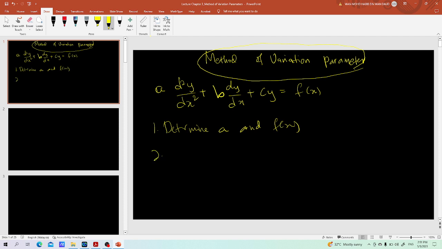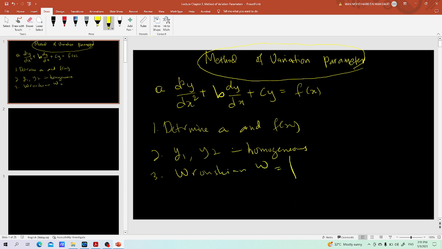Second, y1, y2 of the homogeneous equation, and then we find the Wronskian W equals the determinant of y1, y2, y prime 1, y prime 2.